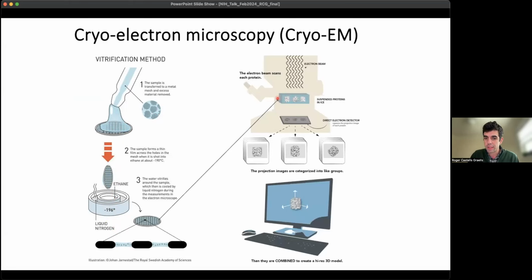So here we have our sample, and then an electron beam goes through the sample and generates 2D projections at the bottom where there is a camera or, for example, a direct electron detector. Then we can take all these hundreds and thousands of images, and then we can select the individual particles for our proteins or complexes and use multiple software tools to then obtain 3D reconstructions out of these projections.